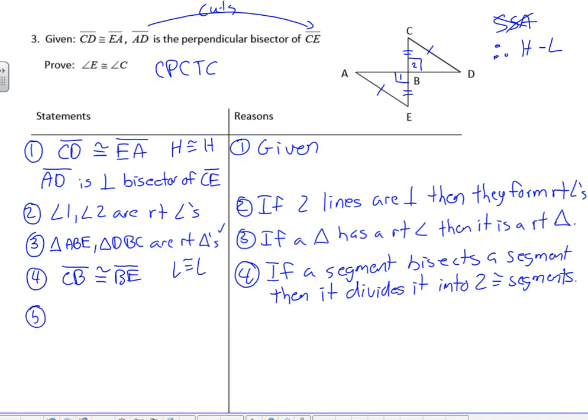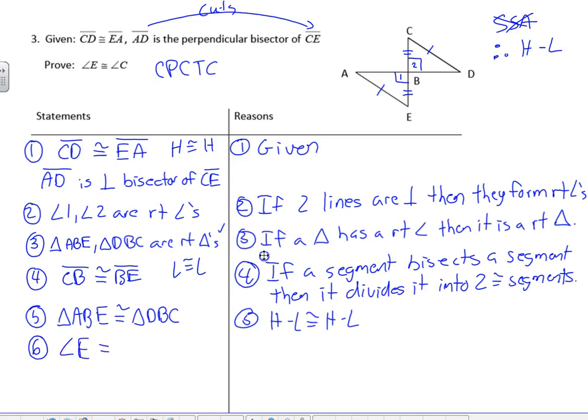And then we can say triangle ABE is congruent to triangle DBC. And the reason is hypotenuse leg congruent to hypotenuse leg. All right, now that the triangles are congruent, all of their corresponding parts are congruent. So angle E is congruent to angle C, and it's corresponding parts of congruent triangles are congruent.